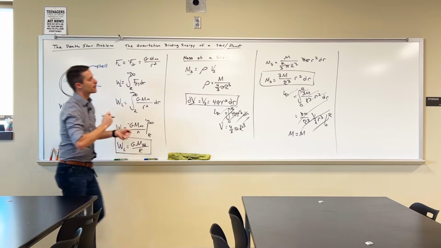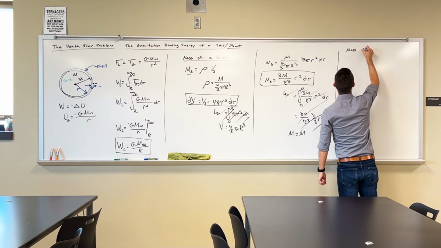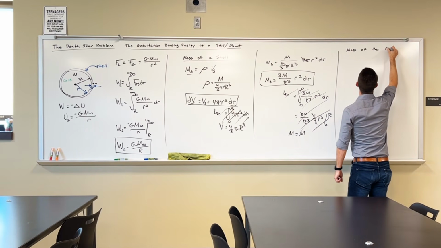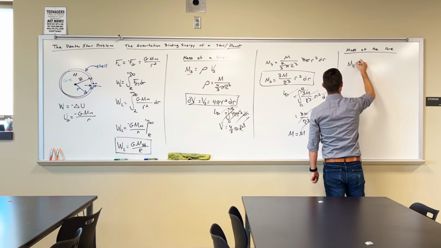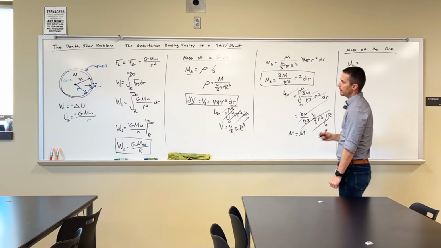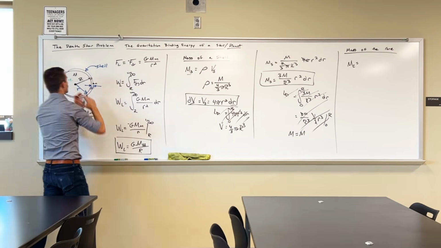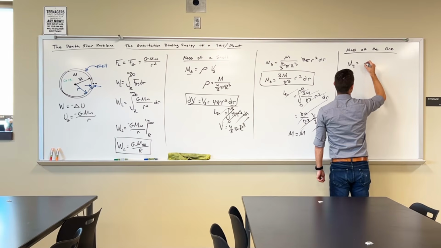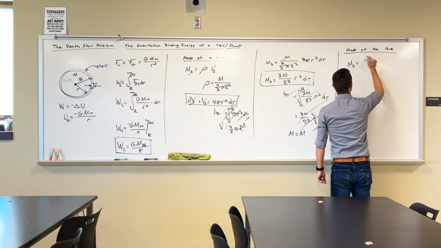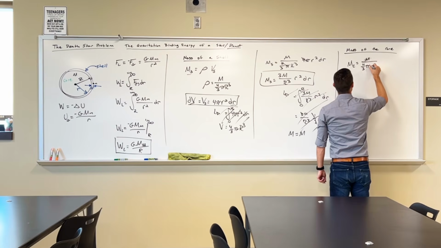It decreases. So the mass of a core at any given point, I'll call it MC, is actually a lot easier to deal with. We have a solid sphere that has some density, so that's M over 4/3 pi R cubed.